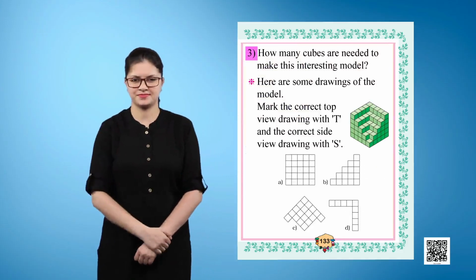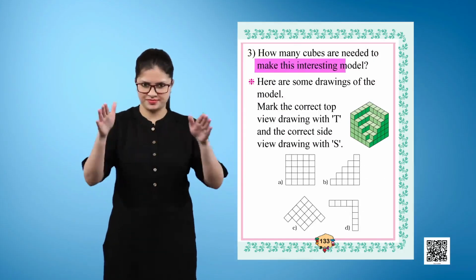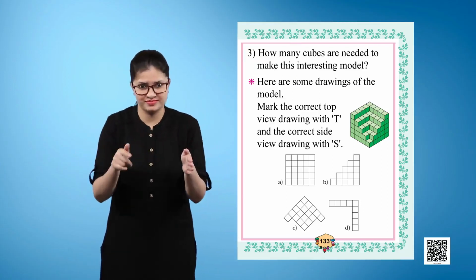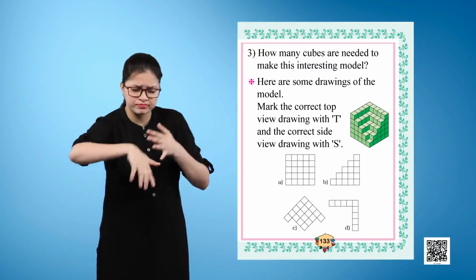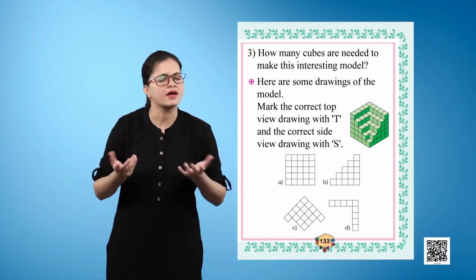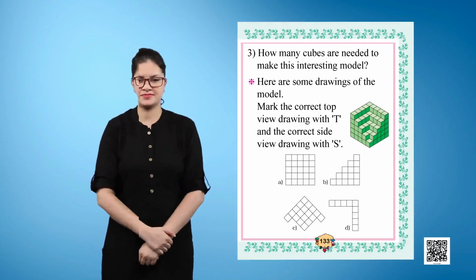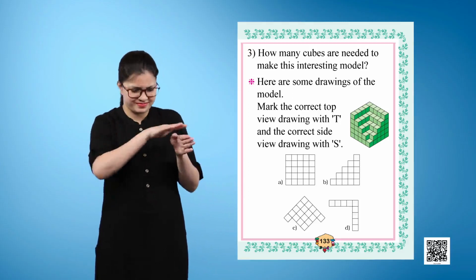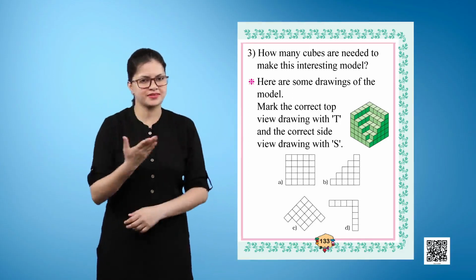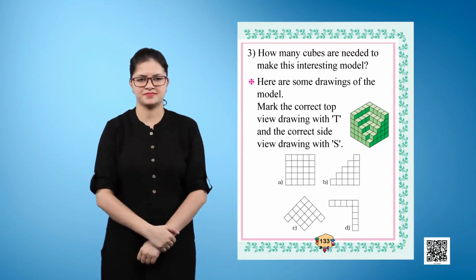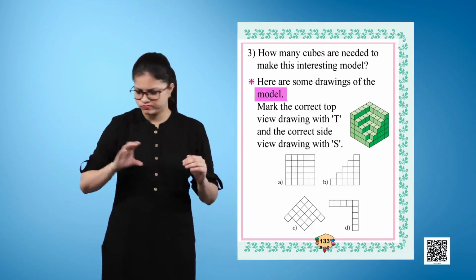3. How many cubes are needed to make this interesting model? To the side of the question we see a very interesting model made of cubes. It's like a staircase going upwards in two different directions. Here are some drawings of the model.